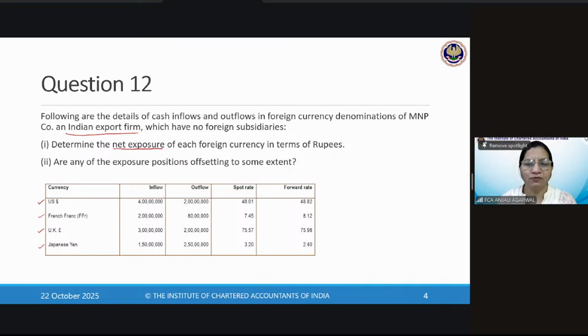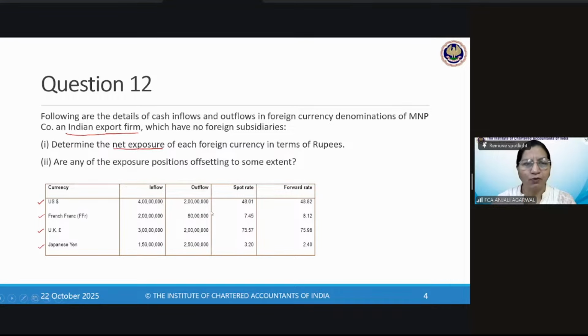You will say that it must be exporting goods to the other country, and therefore there would be receivables or inflow. But there is also an outflow in the same currency for some reasons. So we have to see what the net exposure is, and whether any exposure positions are offsetting to some extent.